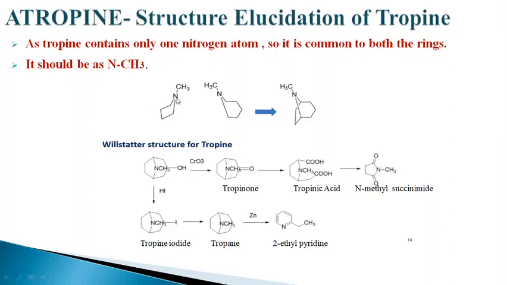You see this ring, 1, 2, 3, 4, 5, and this 1, 2, 3, 4, 5, 6, 7-membered ring, a 7-membered ring and a 5-membered ring with a methyl-bearing nitrogen common. When we superimpose both of these, we get this type of bicyclic ring. As you can see, a 7-membered ring, and here a 5-membered ring with the N-methyl group common. So this is the Willstätter structure for tropine.